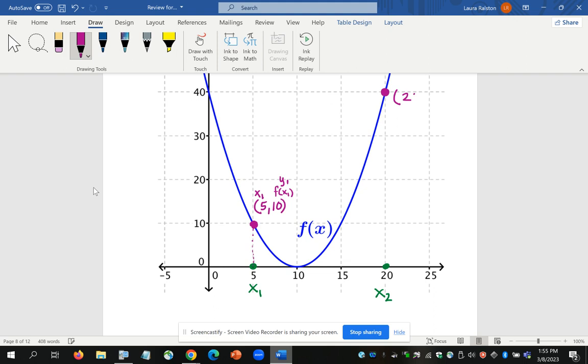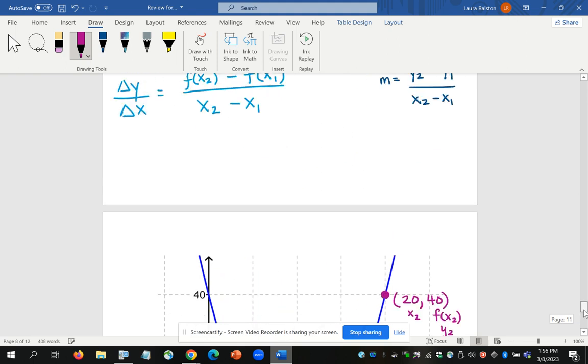So I have the ordered pair 20, 40. That's my x2 and my f of x2, which is like my y2. So I have the two ordered pairs, and I'm just going to plug and chug. Okay, don't overthink it. You're going to plug and chug.